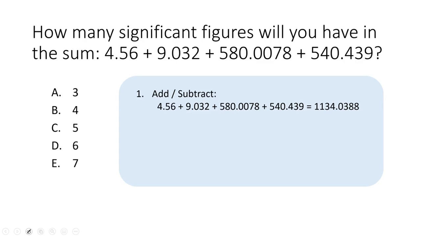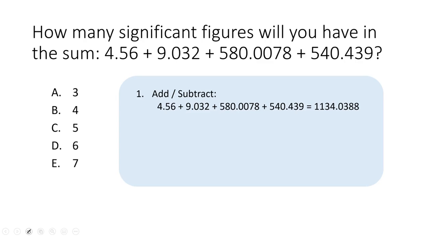I would add this up first because notice to determine the appropriate sig figs for addition and subtraction, you have to do decimal places, but I'm asking for the number of sig figs. So you actually are going to have to add it up, determine the appropriate decimal places, and then go backwards and count the sig figs. So let's add them up first. I did this in a calculator, not in my head.